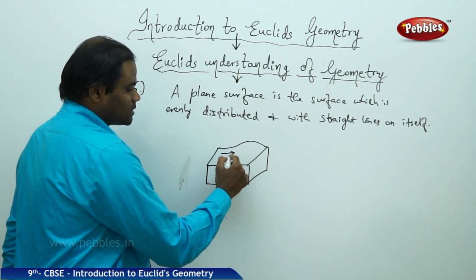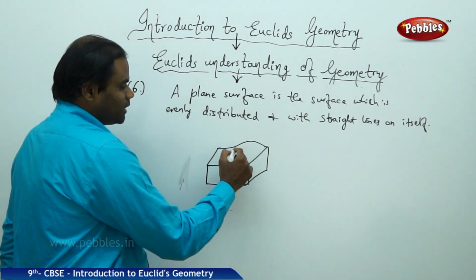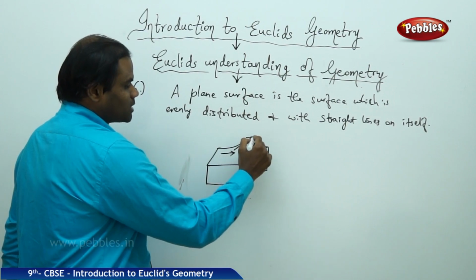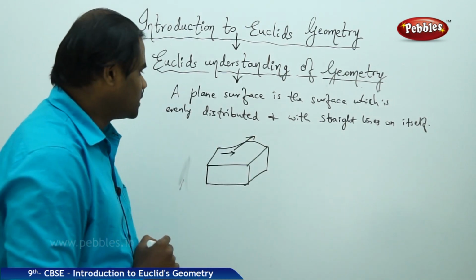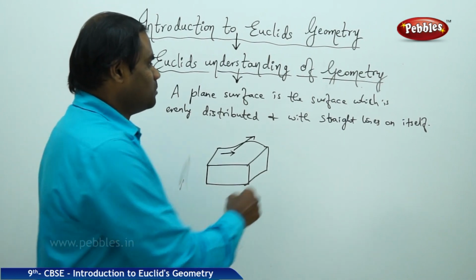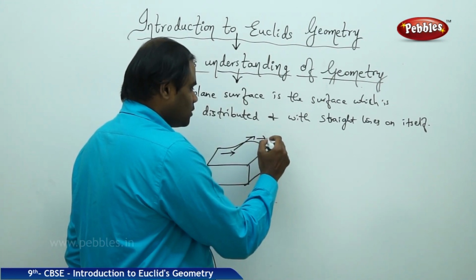It just cannot stay. If I take a straight line, it moves outside of it. As clearly seen, tangentially it moves out, but this straight line is not on itself.